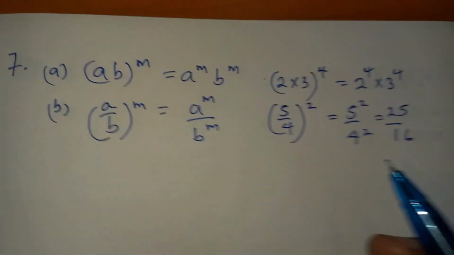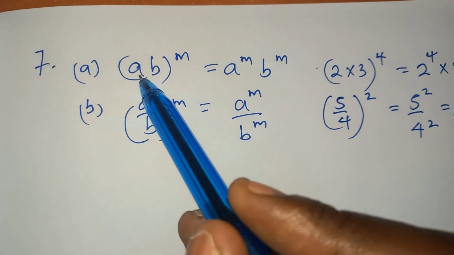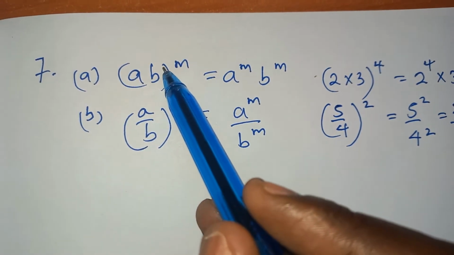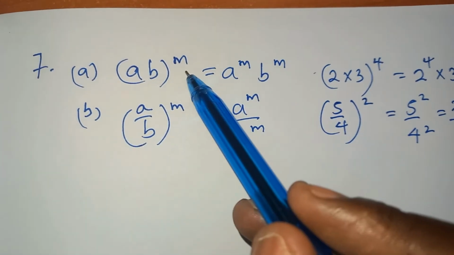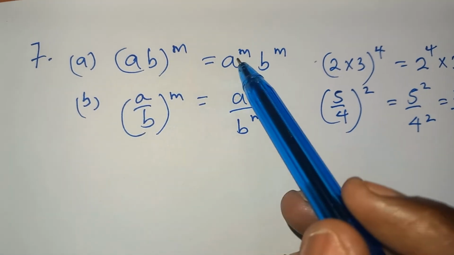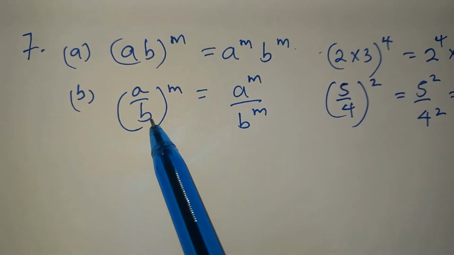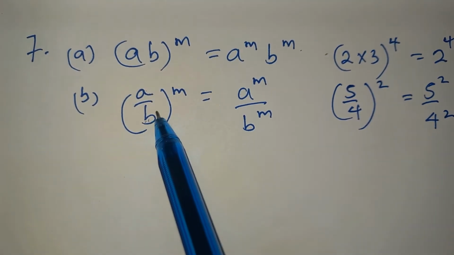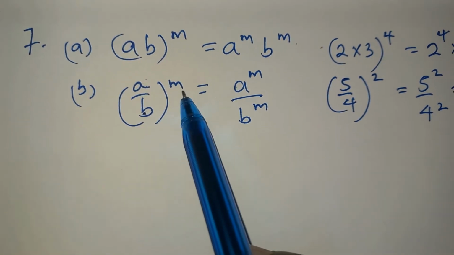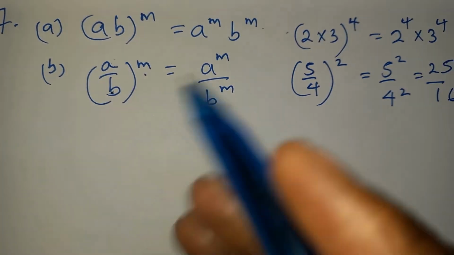So what this rule says is that if you multiply any two numbers and raise the result to a certain power, then that power can be distributed over multiplication. Or if you divide any two numbers or any two terms and you raise the result to a given power, then that power can be distributed over division.